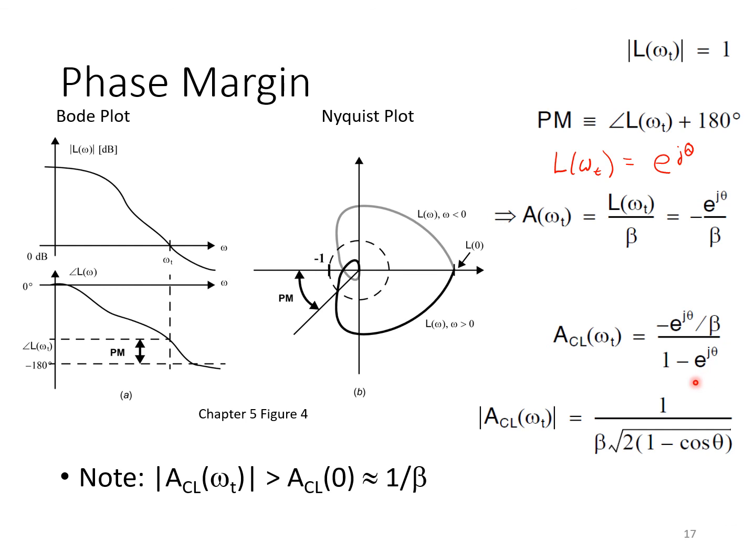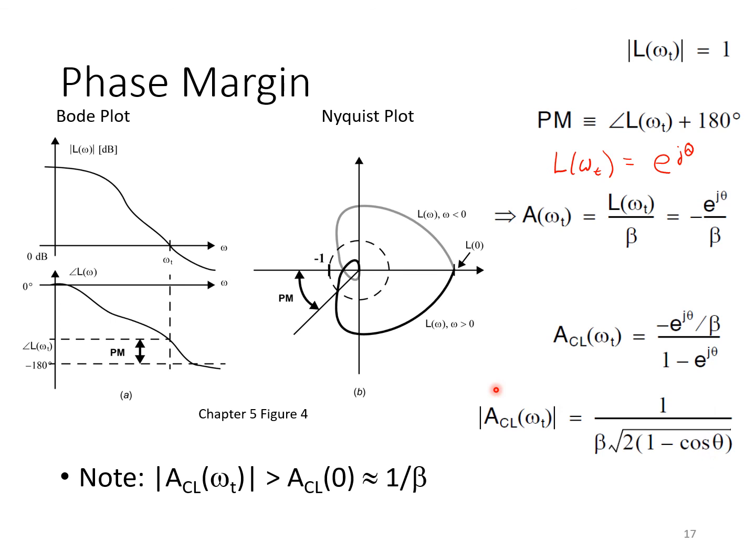And what you find if you take the magnitude of this expression here is that the closed loop magnitude response evaluated at the unity gain frequency is related to the desired gain 1 over beta. So that's what we would expect to see at low frequencies. And there's this extra term, 1 over square root of 2 times (1 minus cos theta), that depends only on the phase margin of our system.